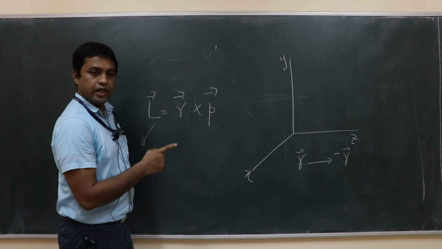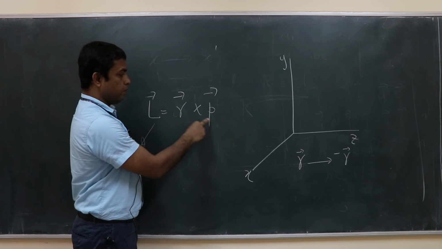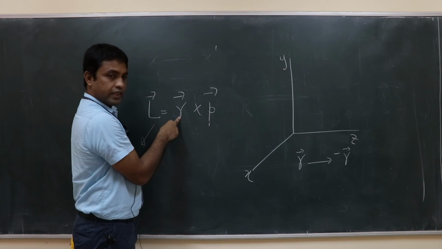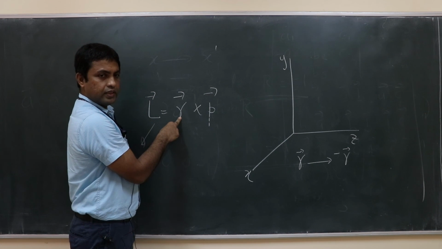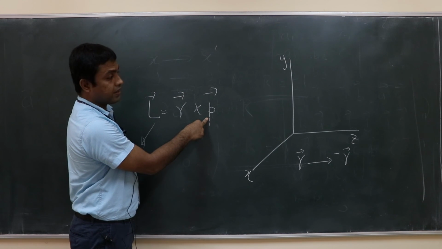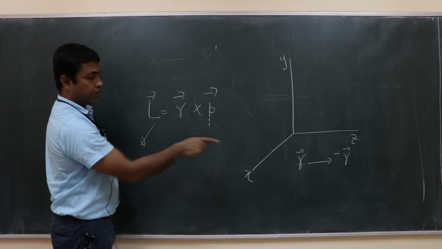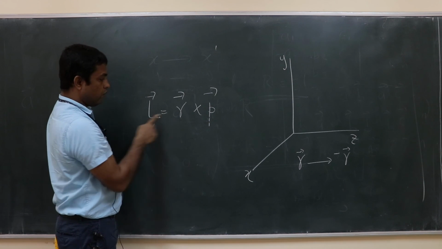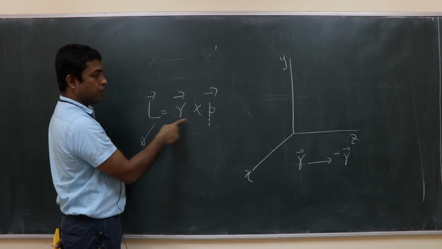Under the parity transformation, which is an improper rotation, R will go to minus R, because R is a vector, and P is also a vector, so P will go to minus P. Then what will happen to L? L is the same, because you get a minus minus sign here.